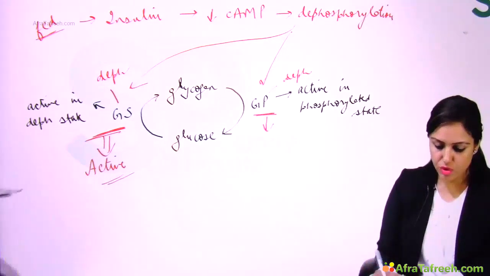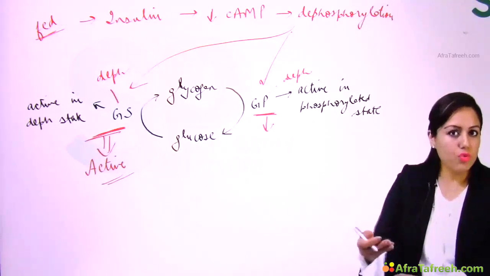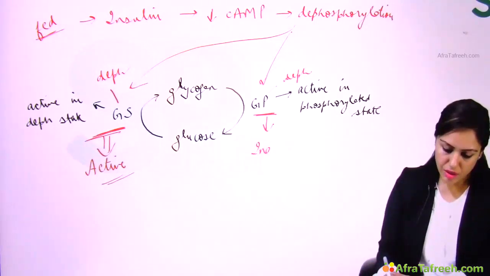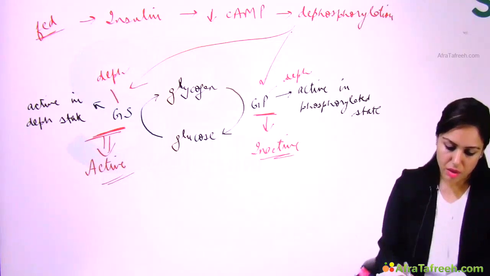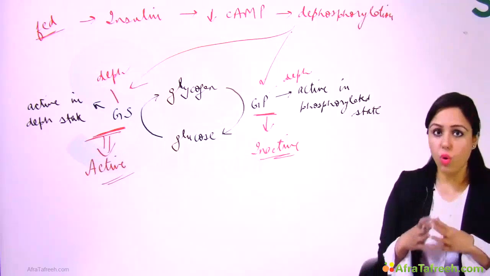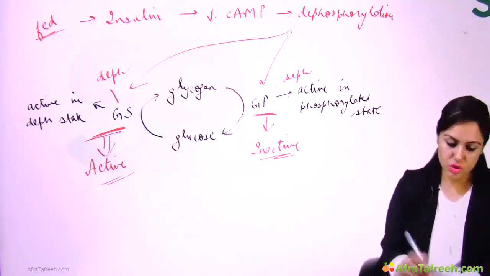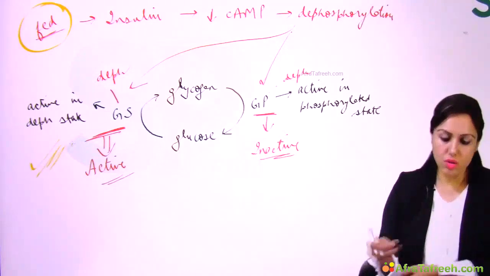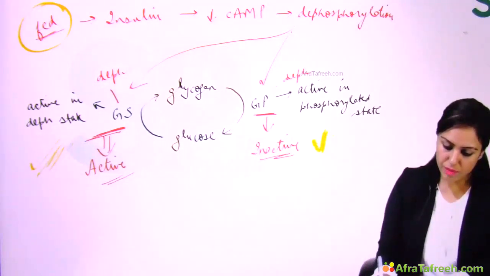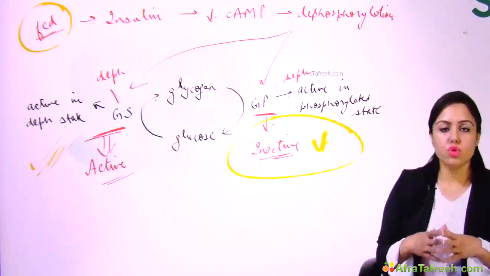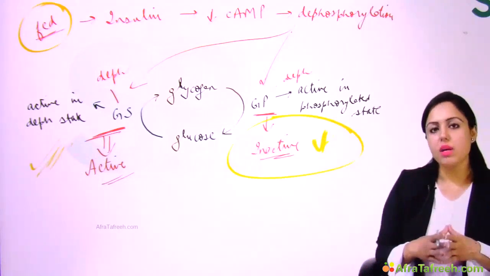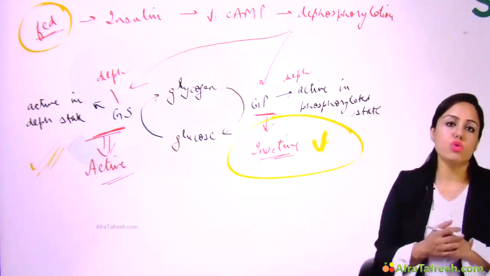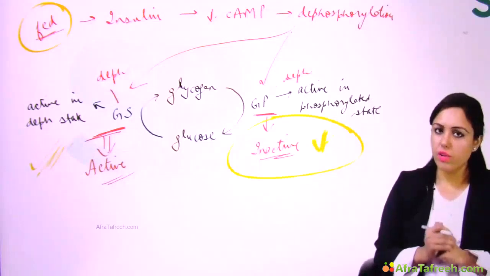When glycogen phosphorylase is dephosphorylated, it will be inactive, right? This is what you want in fed situation, that in fed state you want glycogenesis to occur, but you also want that glycogenolysis should be inhibited, right? This is the way regulation of glycogen you can learn very easily.